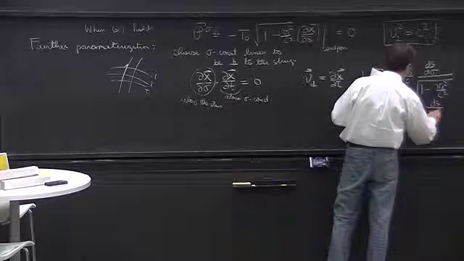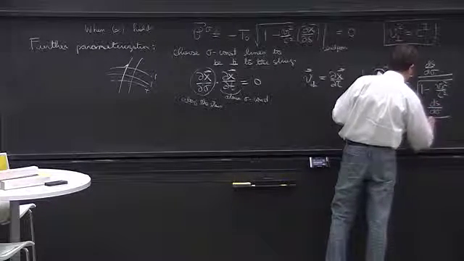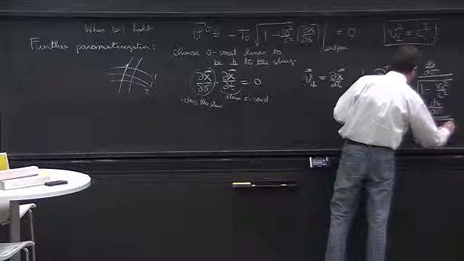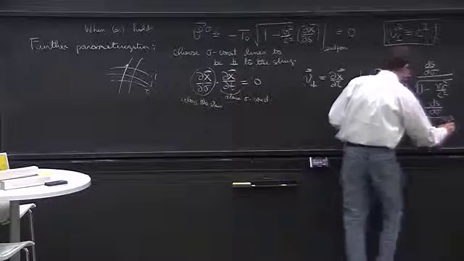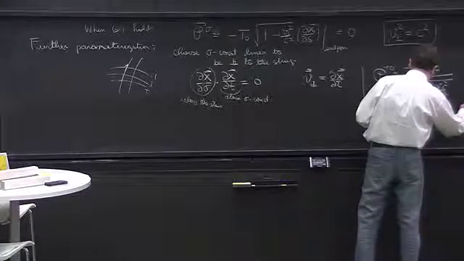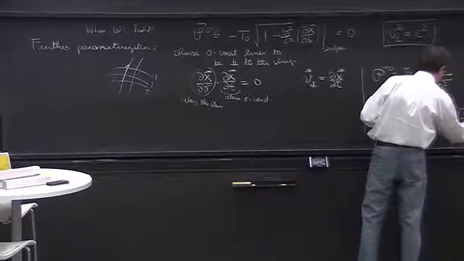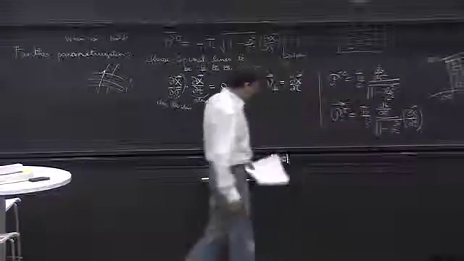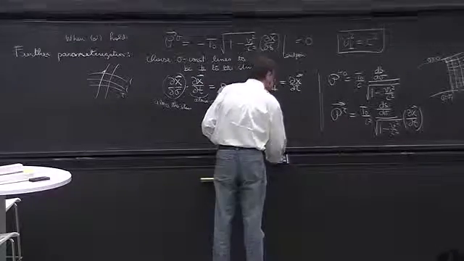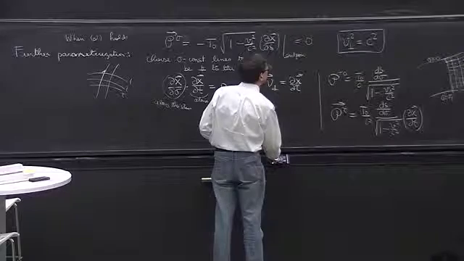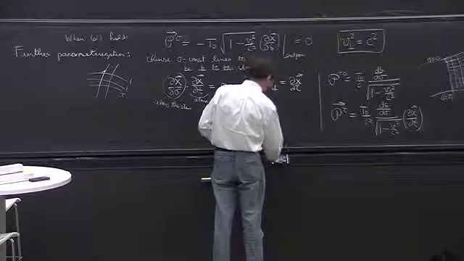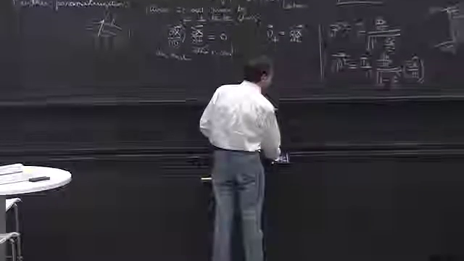Again, this strange factor ds d sigma over square root of 1 minus v squared over c squared, times dx dt. Now, things are still a bit complicated, but we've made great progress.